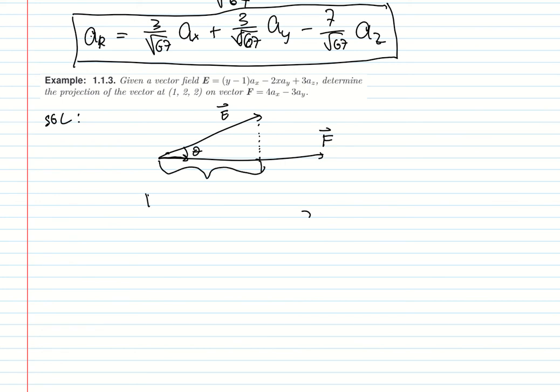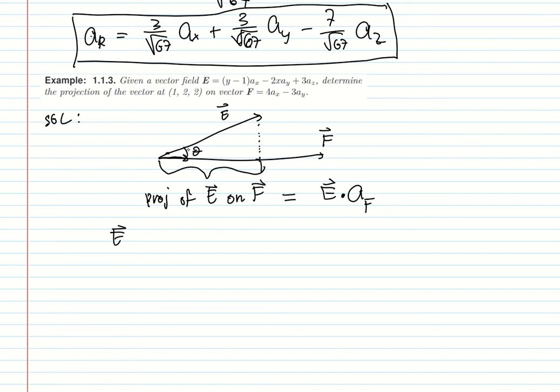So this is the projection of E on F. How do we determine that? That's just equal to E, and we take the dot product with the unit vector of vector F. We can call it AF. So to do this one, first we need to determine E at that given point.